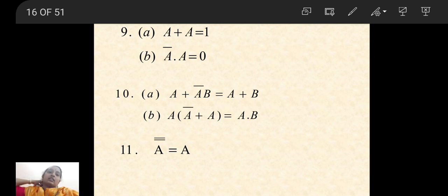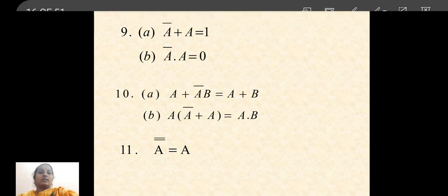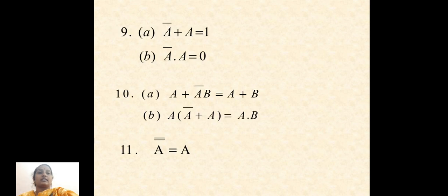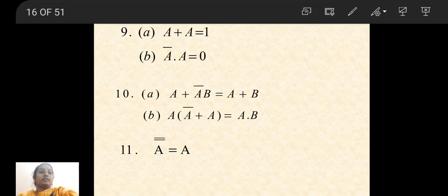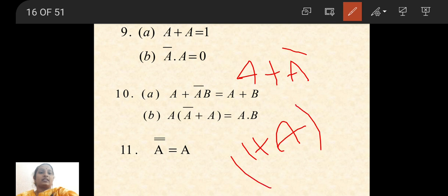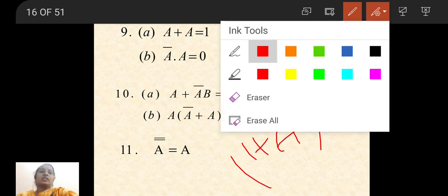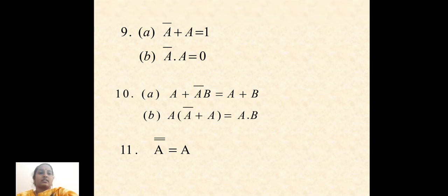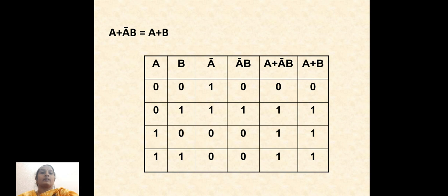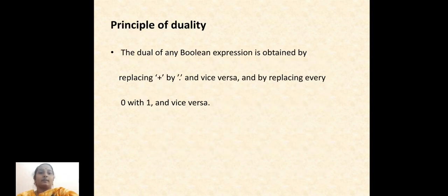Okay, we are writing like this. A into 1 plus A is equal to A, and plus A bar B. So in this way we can simplify the expressions. And A double bar is equal to what? A only.